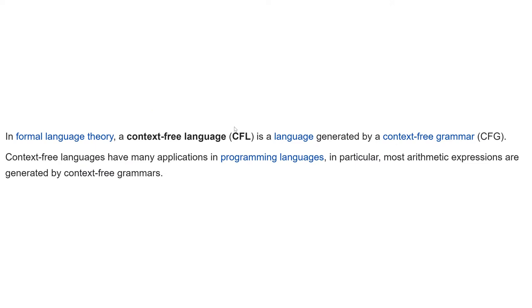So now let me begin with what is a context-free language. These are some excerpts I took from Wikipedia, just a recap of what a context-free language is. A context-free language is nothing but a language that is generated by context-free grammars. One of the most famous use cases of context-free grammars is to parse arithmetic expressions.